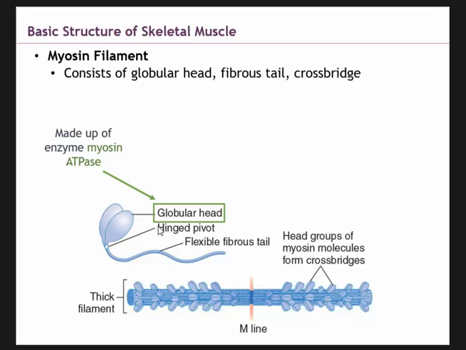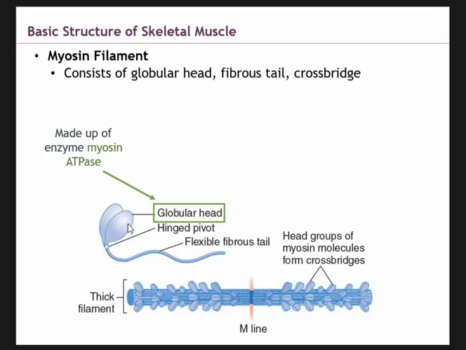So now we want to learn about the different structures of myosin. Let's first talk about the globular head. This head is made up of an enzyme. We've learned about enzymes, so we should be a little bit familiar with them already from chapter 2 and chapter 3.